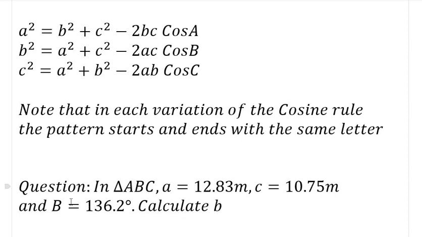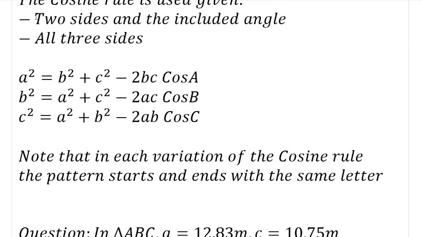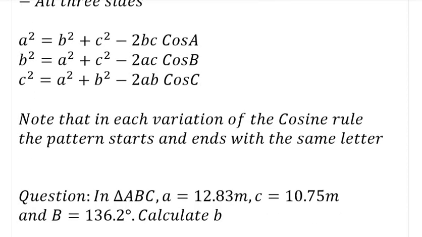We are given angle B. Remember, we said whenever you are given two sides and the included angle, look at this, it is a condition: two sides and the included angle, you have to use the cosine rule. That is what happened in this question.